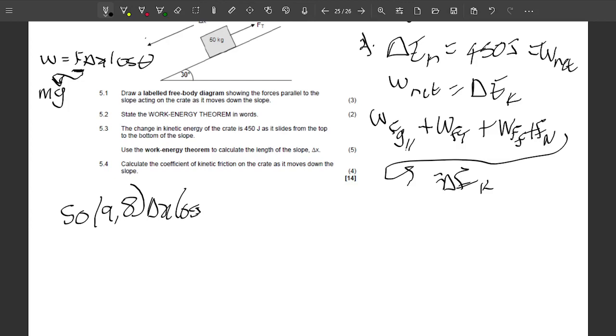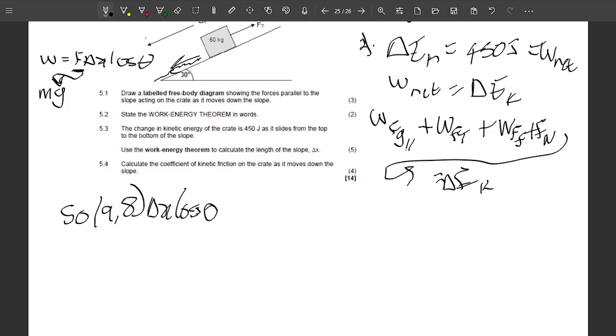The angle between the displacement and the FG here is 0 degrees, because it's being displaced in this direction, and the FG is acting in the same direction. The angle between those two is 0 degrees.